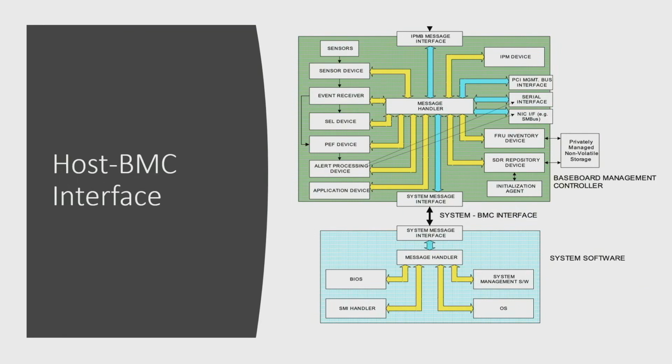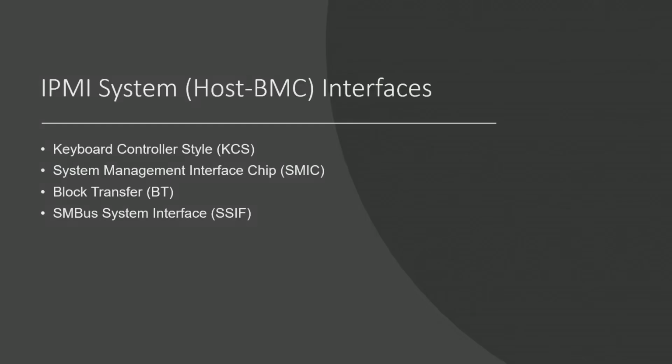The one that we're concerned with is going to be called the system interface. IPMI defines it and then defines a bunch of ways that a system can expose this interface. There are 4 that they give in the spec: KCS, SMIC, BT, and SSIF.